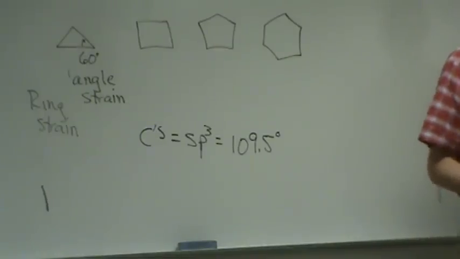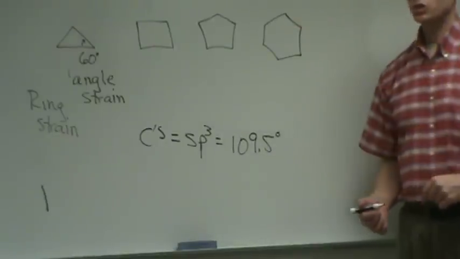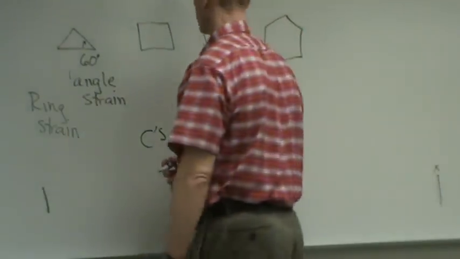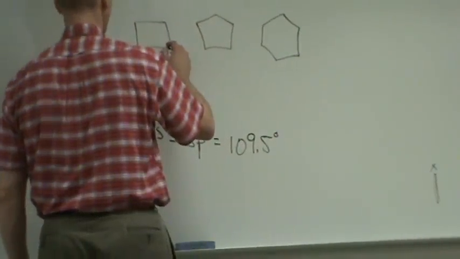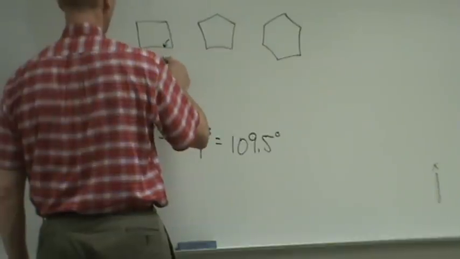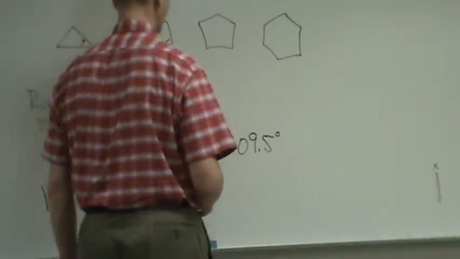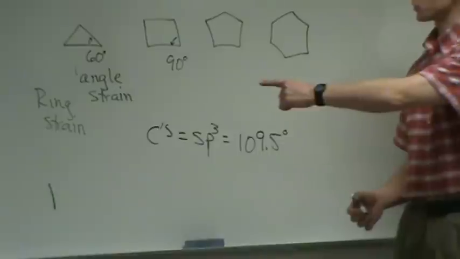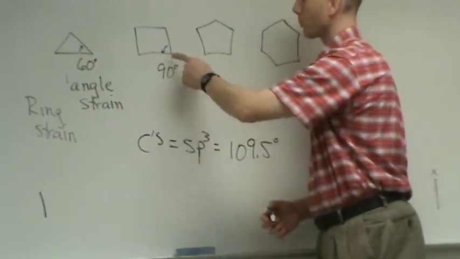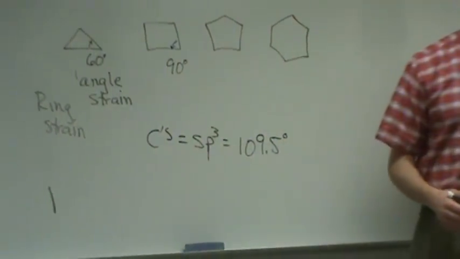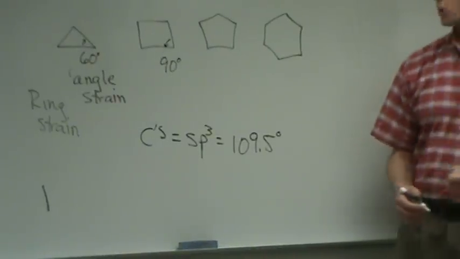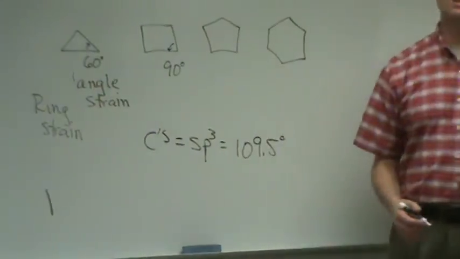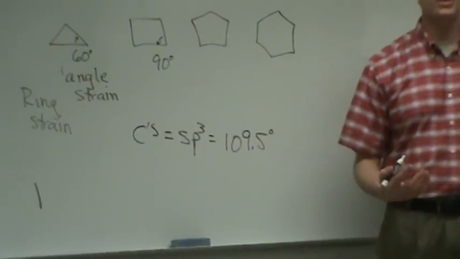It wants to be 109.5, and we got 60, so that thing has a lot of strain to it. Same thing when you come to cyclobutane. That angle is just about 90 degrees. So not as much strain as cyclopropane, but it still has some. So you would predict cyclopropane and cyclobutane to not be very stable molecules.